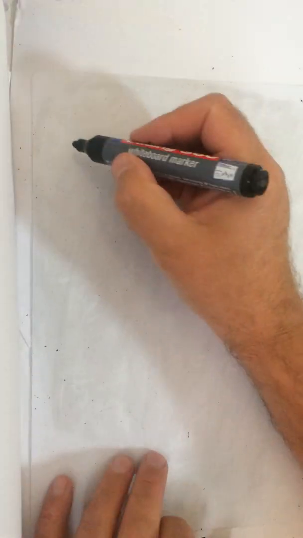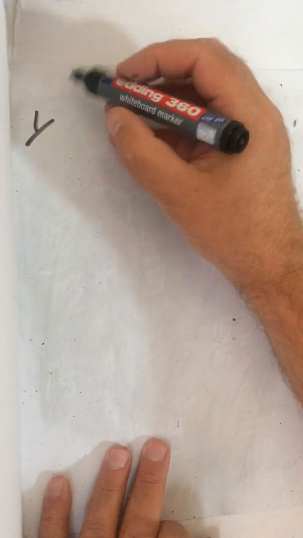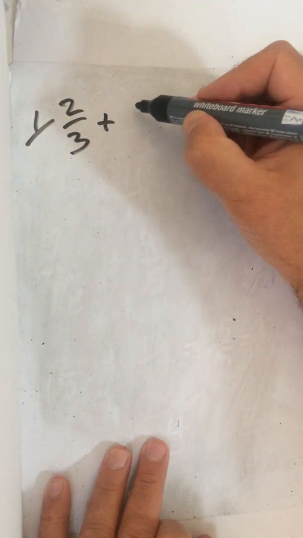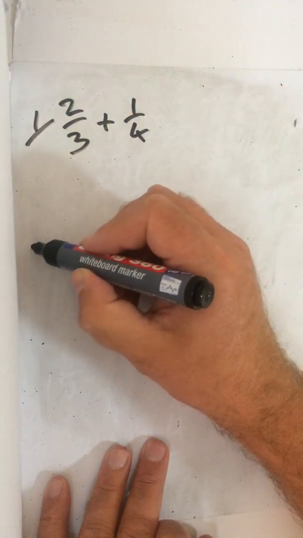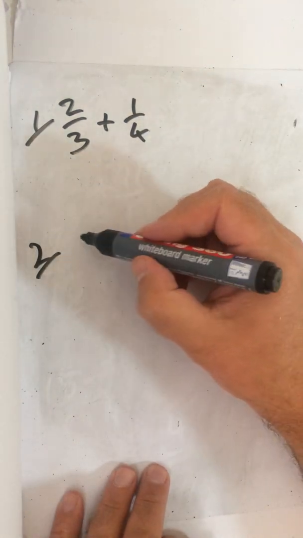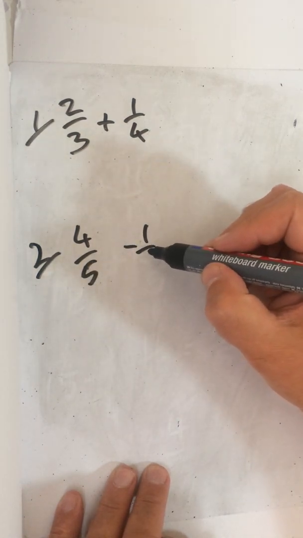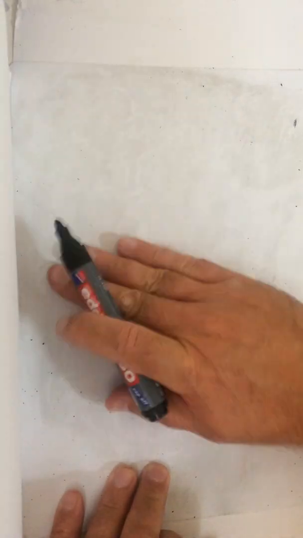So have a go, please, at number 1, 2/3 plus 1/4. Number 2, 4/5 minus... in fact we won't go to those ones yet, I've jumped ahead.